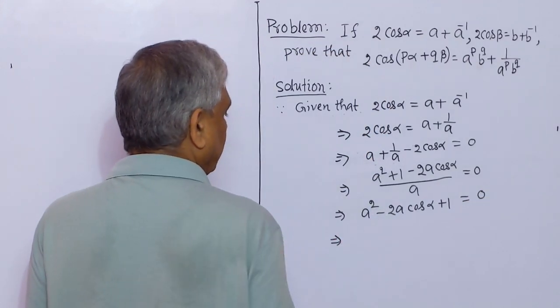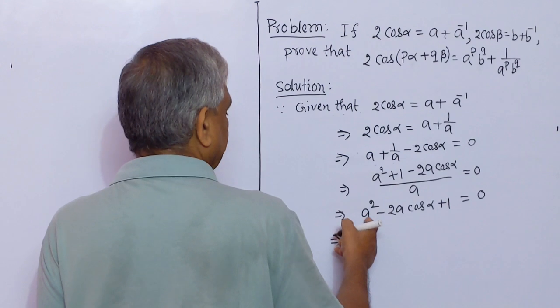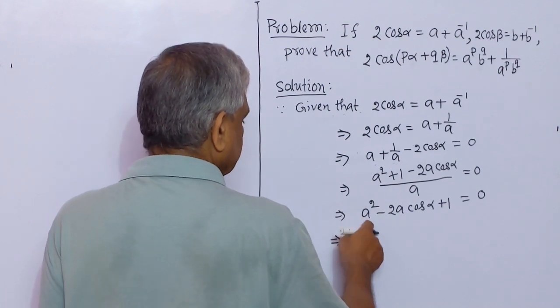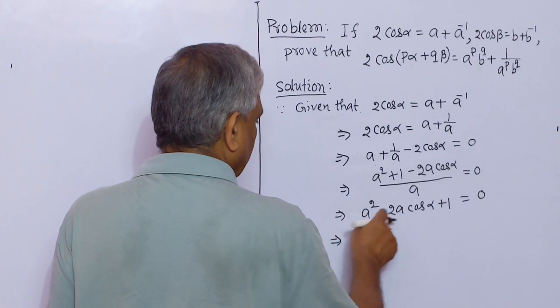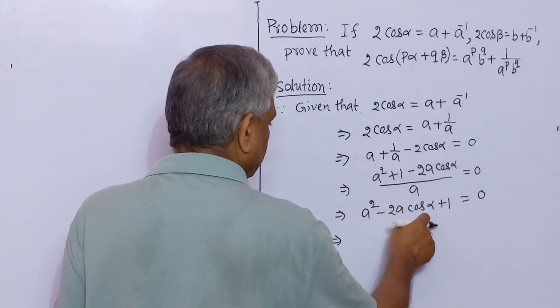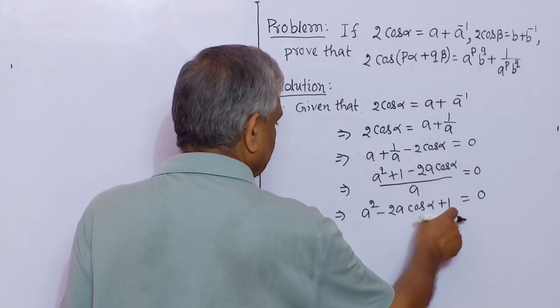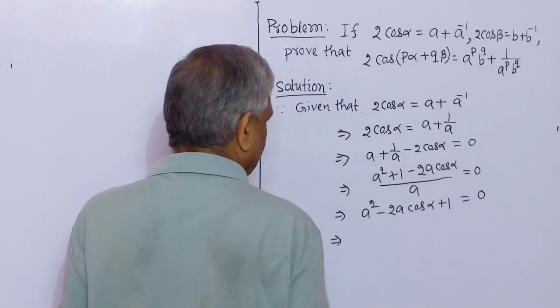This is a quadratic equation in which the variable is a. The coefficient of a square is 1, the coefficient of a is minus 2 cos alpha, and c is 1.